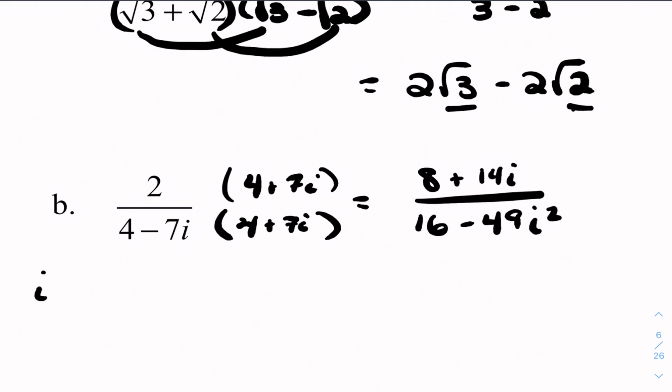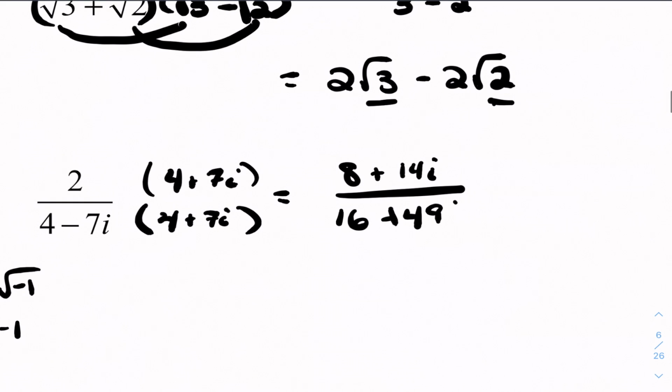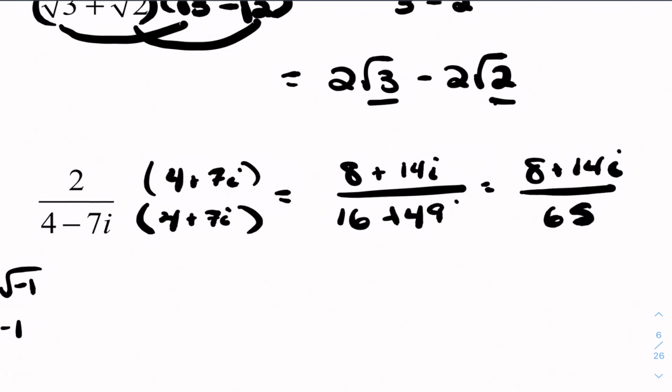If we remember that i is the square root of negative 1, and i squared therefore is negative 1, we change the i squared and change the minus sign, and now we are left with 8 plus 14i all over 65. Just so we can be super specific, we will write our real part as 8 over 65, and our imaginary part, 14 over 65i.